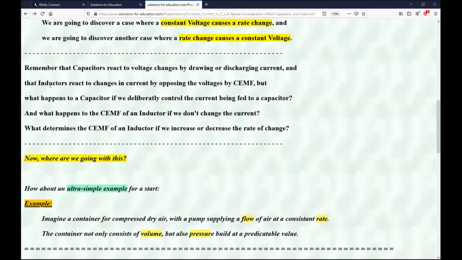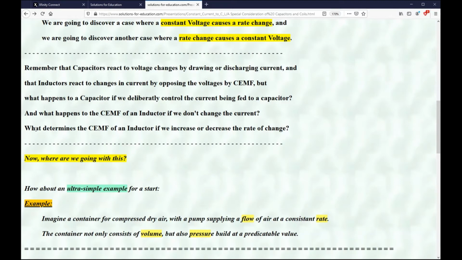We also know that inductors react to changes in current by opposing those voltages or by producing voltages, because after all, there's a voltage to voltage aspect here. But what happens in a capacitor if we deliberately control the current fed to a capacitor? And what happens to the counter EMF of an inductor if we don't change the current? These are questions that we will be looking at very shortly.